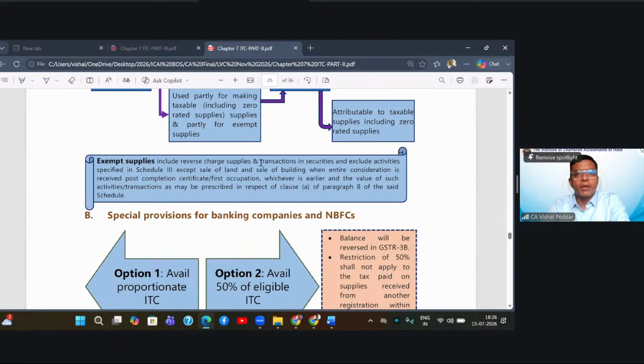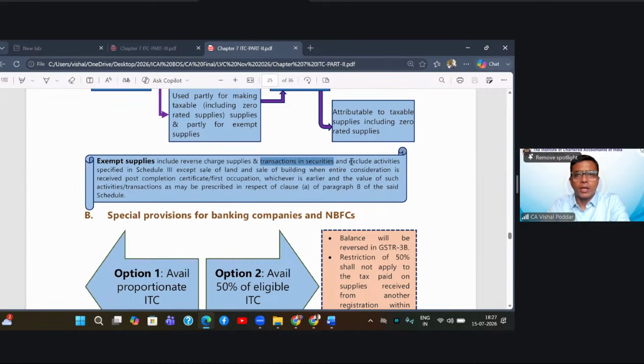Second, if you are engaging in transactions in securities, like you are into share trading or mutual fund trading, whatever transactions of securities you are entering into, even though these transactions are neither goods nor services, for the limited purpose of this section they will be treated as exempt supplies.